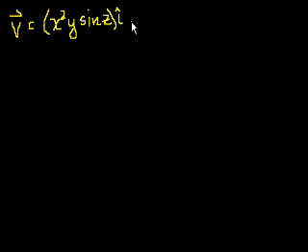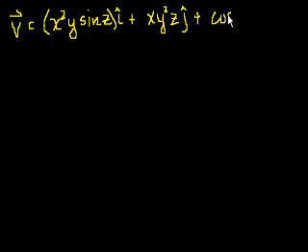So let's say in the x direction, the magnitude of the field is, I don't know, x squared y sine z in the x direction plus, I don't know, let's make it x y squared z in the j direction, in the y direction. And in the z direction, let's make it cosine of x times cosine of y in the z direction.